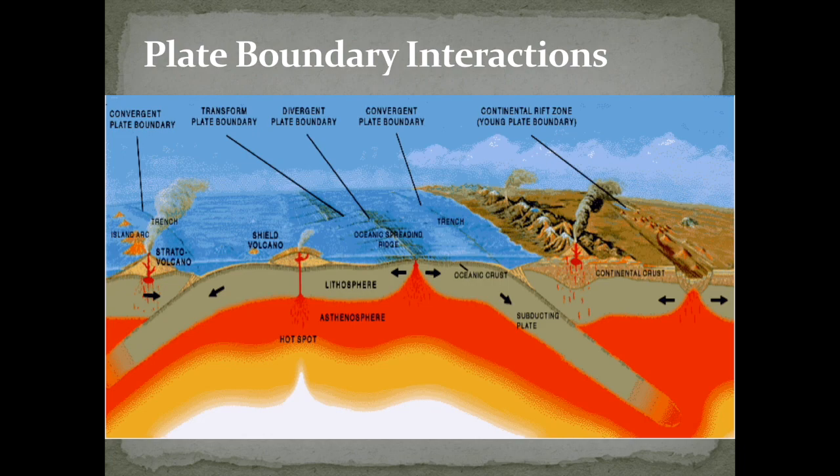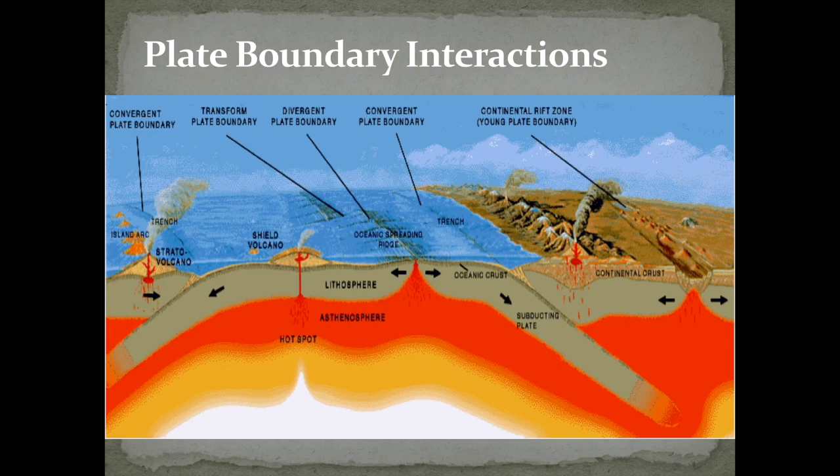As you can see on this graphic, you have convergence zones where you have oceanic crust being pushed under the continental crust, and you can see that on both sides of this image you have the creation of volcanoes. At the same time, in the center of the image, you see where the crust is pulling apart and the asthenosphere is forcing its way upward.